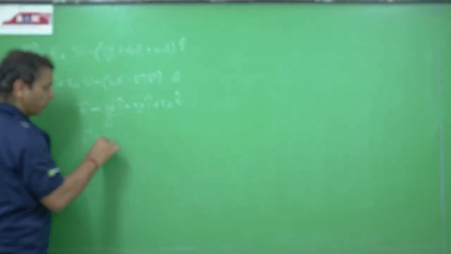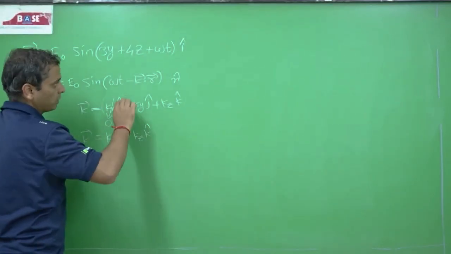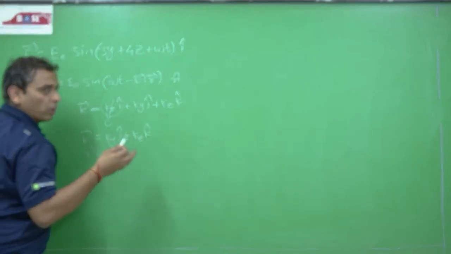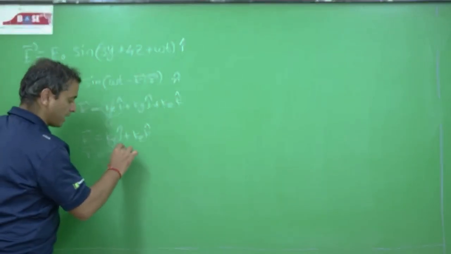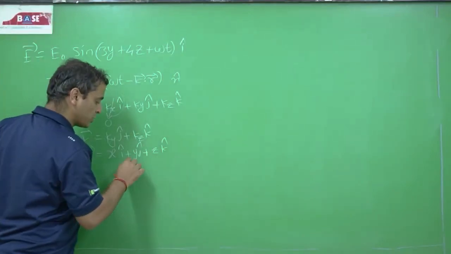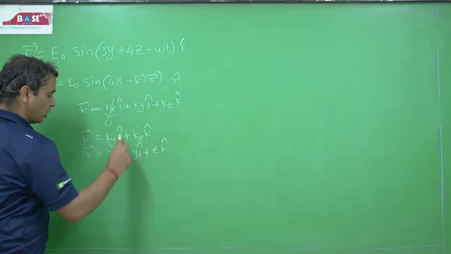The k vector could then be understood as ky j cap plus kz k cap for this problem, as the electric field direction is given. And then the r vector for any point through which that light wave is passing can be given as x i cap plus y j cap plus z k cap, assuming the coordinates of the point are x, y, z. So what would be k vector dot r vector?